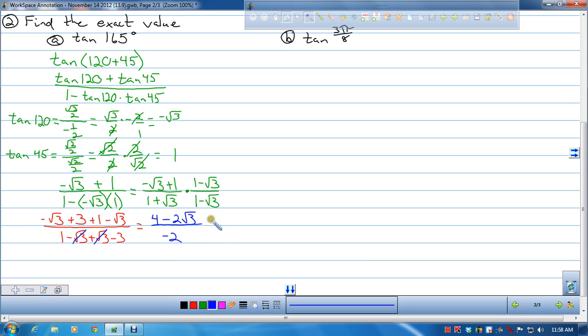Okay, so if I were to simplify that all the way down, 4 divided by negative 2 is negative 2. Negative 2 root 3 divided by negative 2 would be a positive 1 root 3, so plus root 3. Okay? So negative 2 plus root 3, or you might rearrange it to be root 3 minus 2. You might see that as an answer as well.